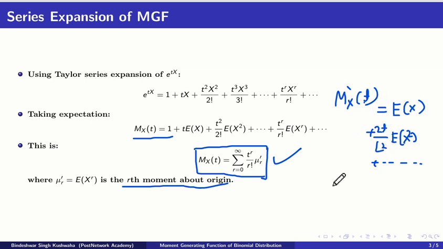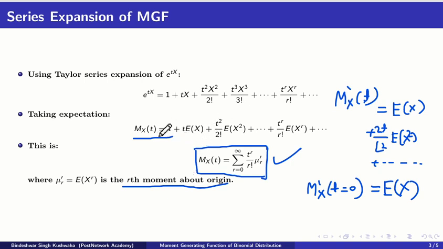If I put t equal to 0, we will definitely get E[X]. You can do it yourself.